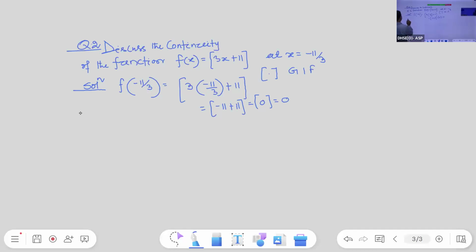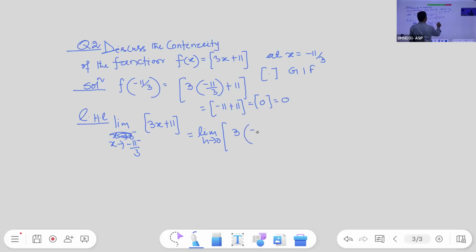Then come to the left hand limit, LHL. Limit as x tends to minus 11 by 3 minus of the bracket 3x plus 11 equals limit as h tends to 0 of the bracket 3 into minus 11 by 3 minus h plus 11.